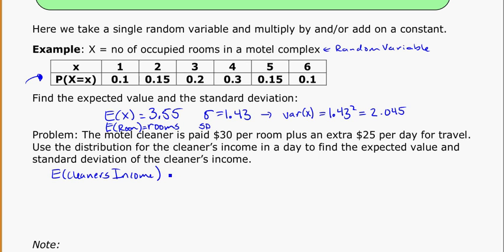So the cleaner's income is going to be equal to the expected number of rooms cleaned in a night, which is $30 times each room that's cleaned every night, plus the $25 a day for travel. If I rewrite this, abbreviating some things, let's change that to an I. So the expected value of her income, or his income, is equal to the expected value of 30 times X, which is our number of rooms, plus 25.